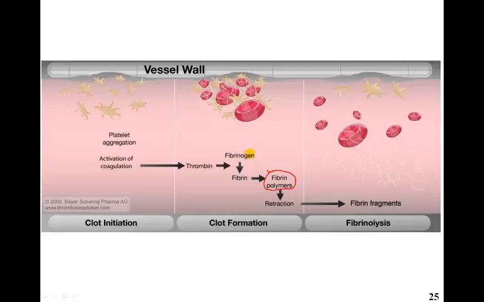So there are two things that happen after the initial clot formation. The first is a process that we alluded to a little bit called retraction. This happens minutes after the initial clot formation. So the clot forms, and then within a few minutes you get clot retraction.